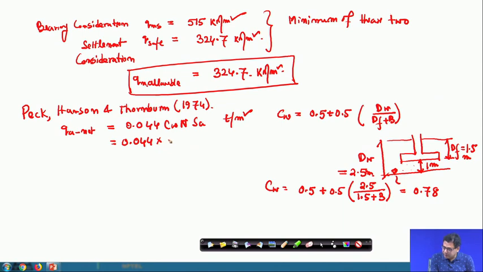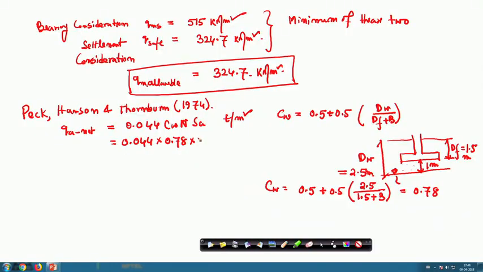Okay. So, now if I put this value here, this is 0.044, Cw is 0.78. In here, which one will we consider? Here I will consider the twice B part, because both settlement and bearing are considered. So, we have to take the influence zone as twice B. So, if the influence zone is twice B, then my N average value is 27.